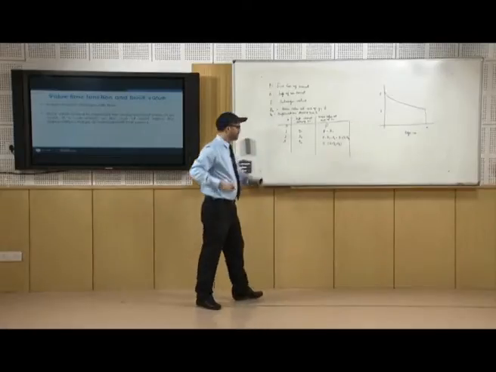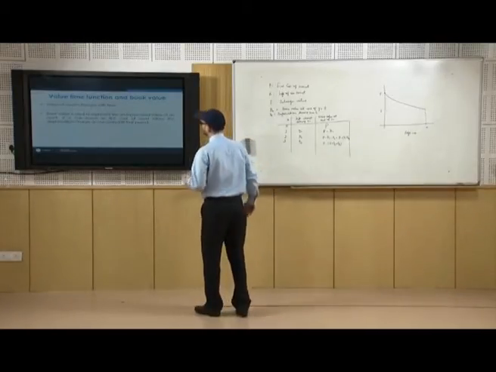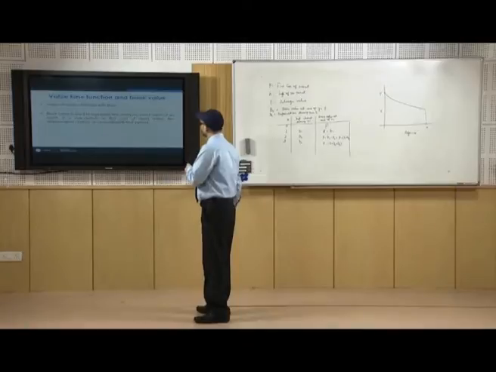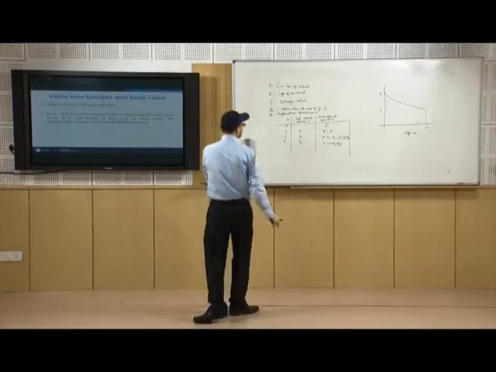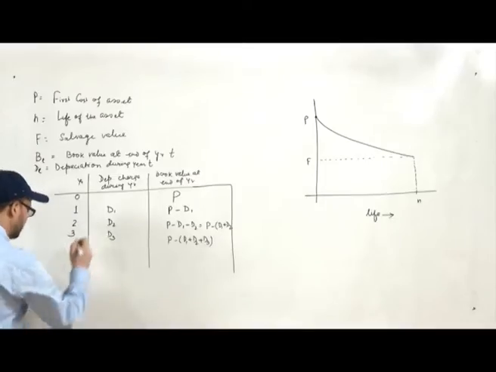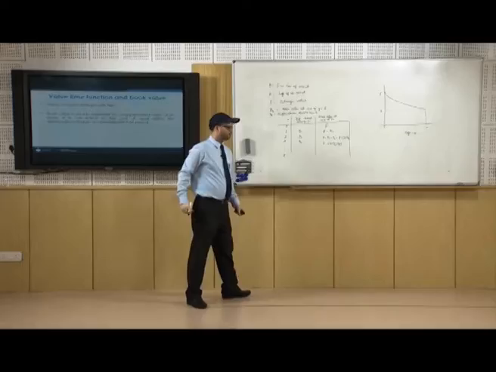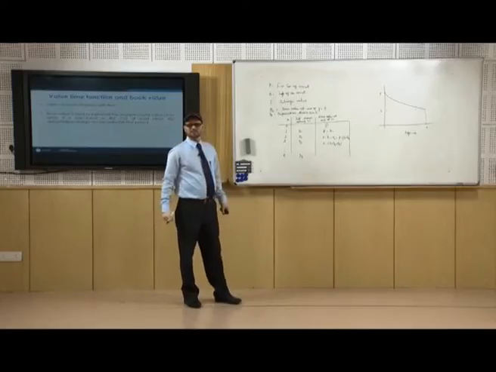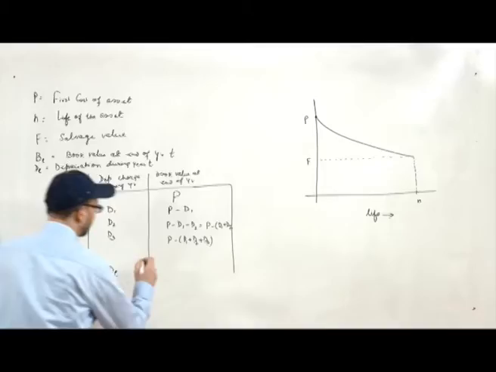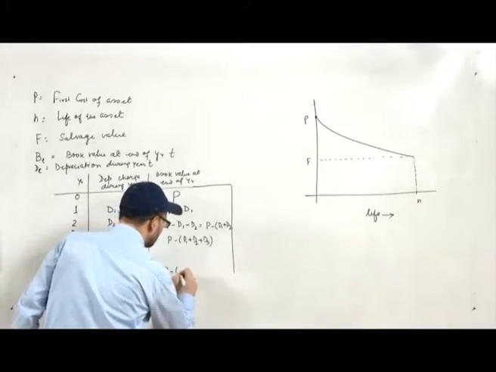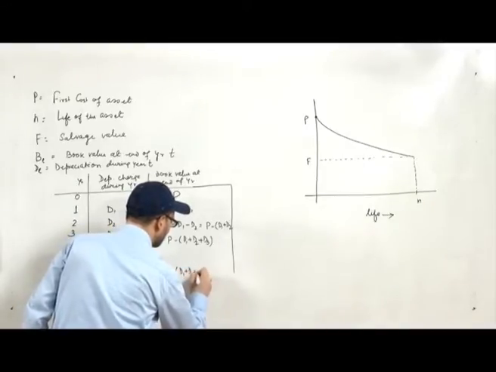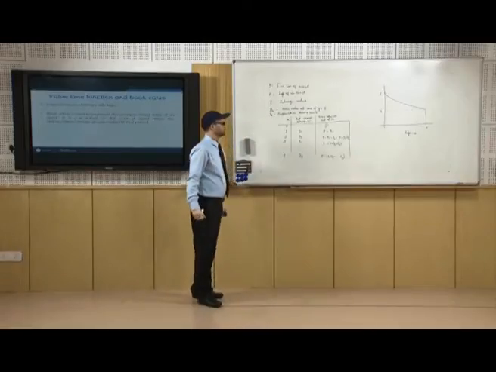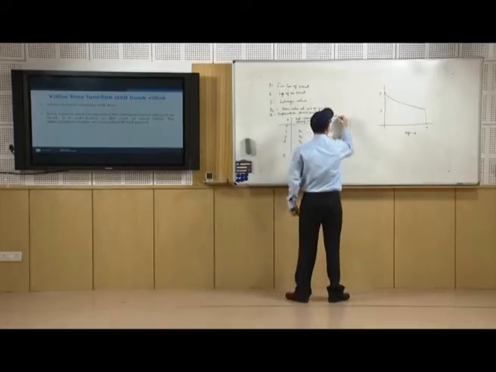This way you see that the depreciation charge is accumulated and subtracted from the first cost of the asset. If you take t years, during the tth year the depreciation charge is dt, so it will be P minus d1 minus d2 up to dt. This value is also written as Bt.